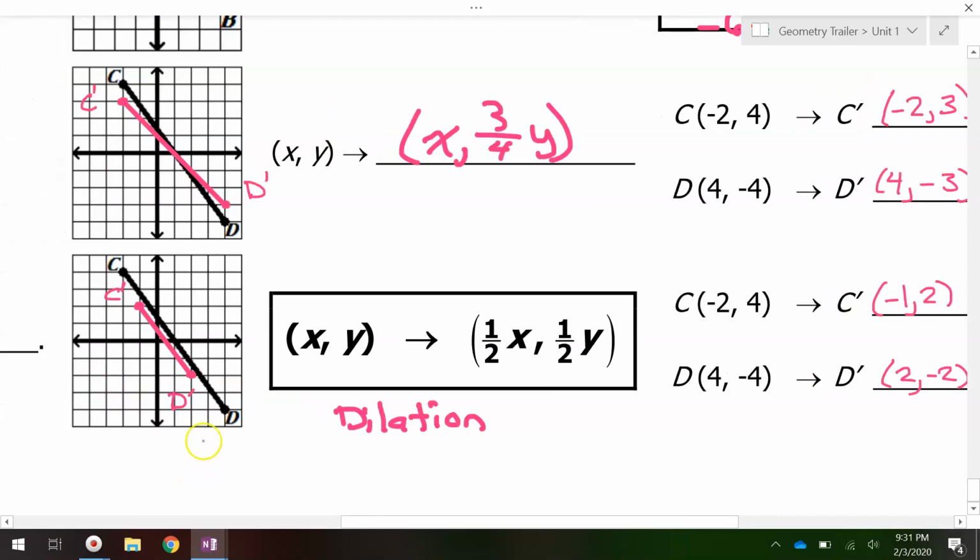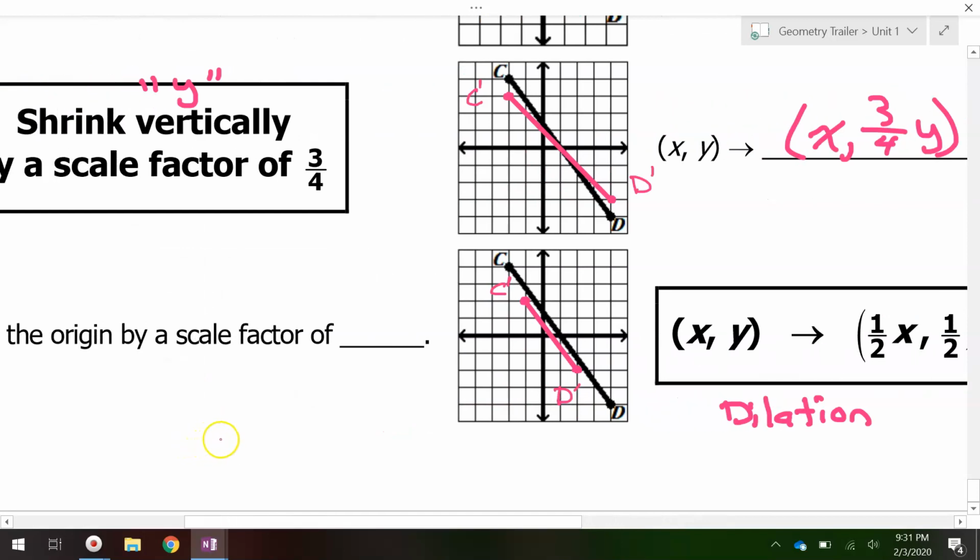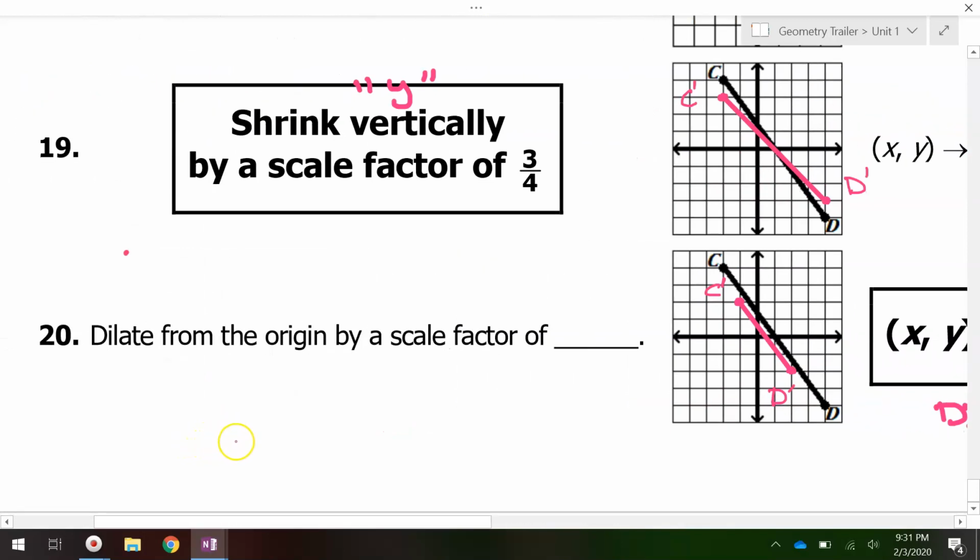All right, so you can probably see that the line became half the size that it was before. And that was a dilation from the origin by a scale factor of 1/2.